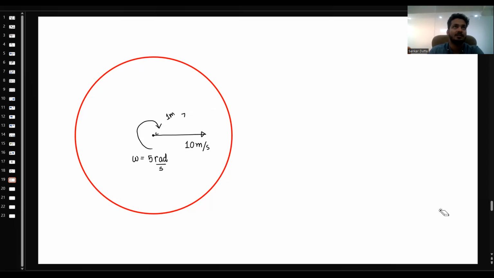Okay, so let me draw it properly. Omega is 5 radian per second. I want you to find out the velocity of a point which is at a distance of 1 meter from the center, right? And the angle that it makes with the horizontal x-axis is 30 degrees. So go ahead, let me know, what is the velocity of this point P? How much is Vp?